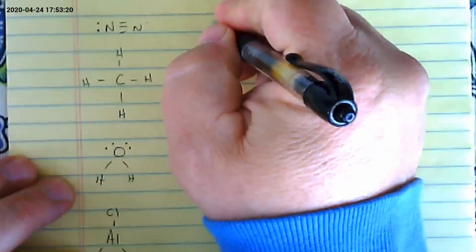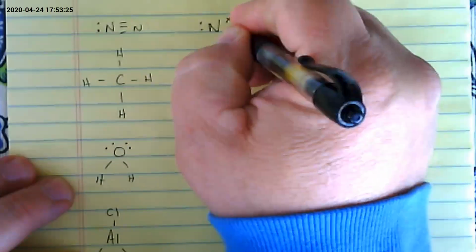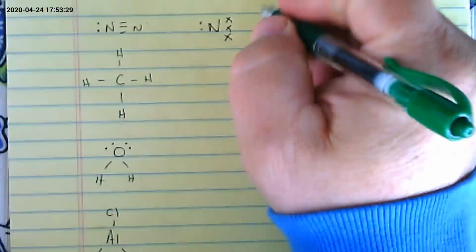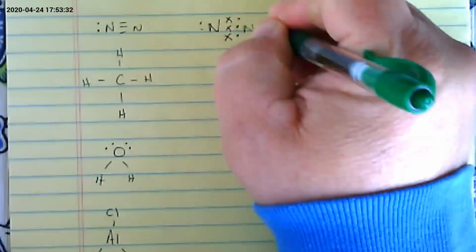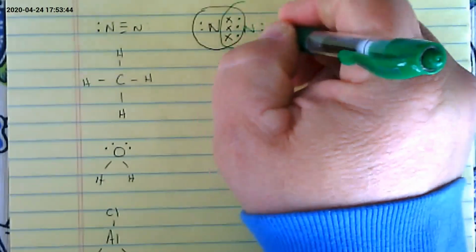If you look at nitrogen, if I draw it with electrons, and I'm going to use X's in black for that nitrogen, and then for this nitrogen I'm going to use green dots. This nitrogen is happy with 8 electrons because it's sharing all 6 in the middle. This nitrogen is also happy with 8 because it's sharing the same 6.